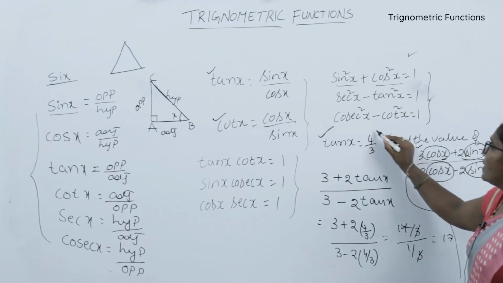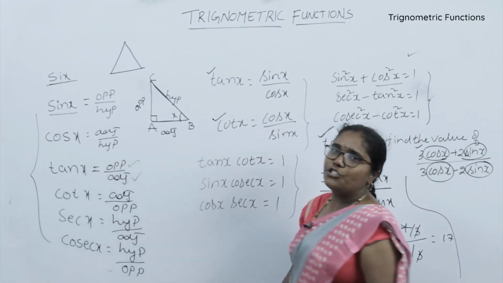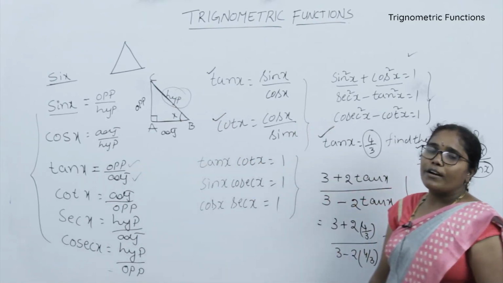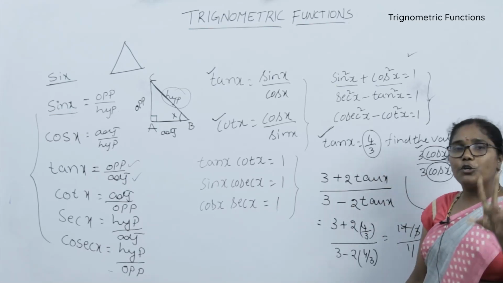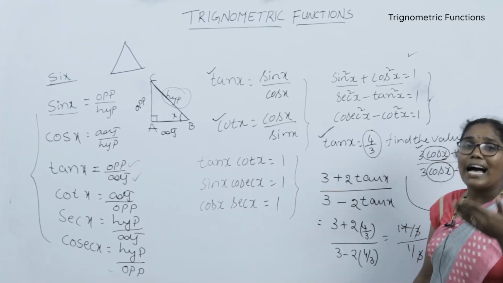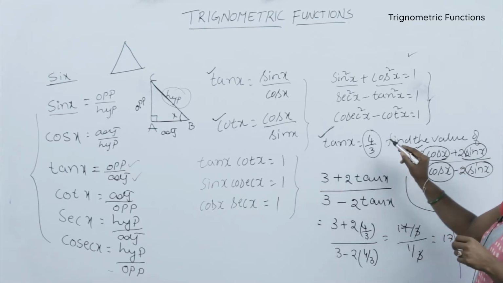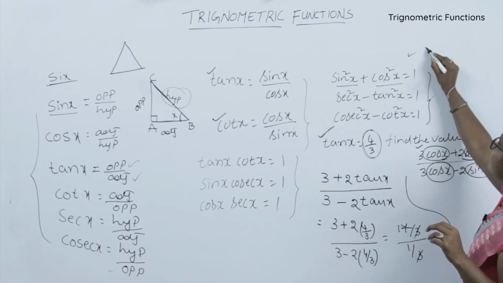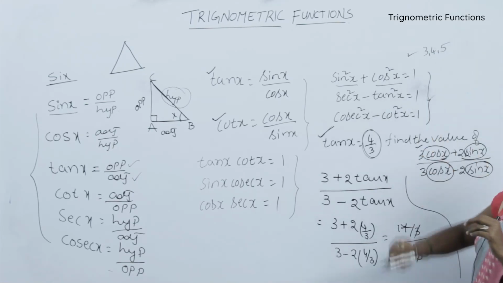You know here the definition of tan. What is the definition of tan? Opposite and adjacent. Means you need to find out the value of the hypotenuse. Whatever trigonometric function they had given, you can know only two sides. You need to find the other side by using Pythagoras theorem. Or some sides are fixed: if they had given 3, 4, the other side is 5.